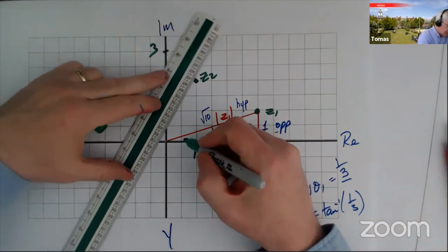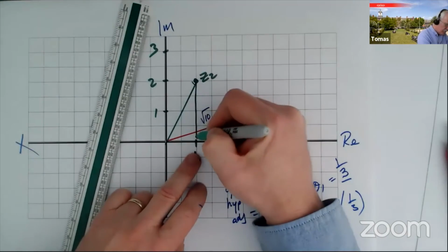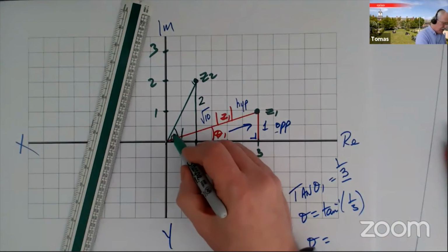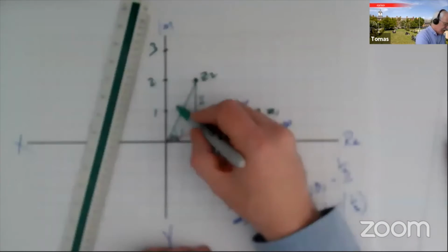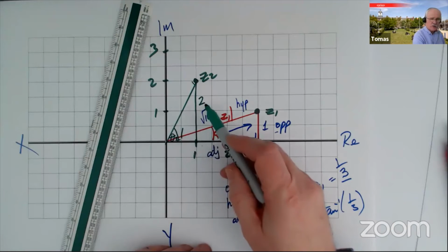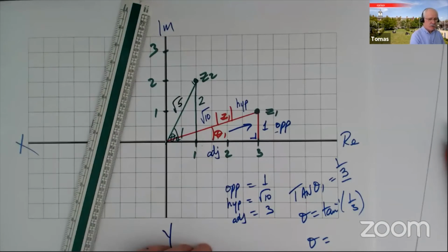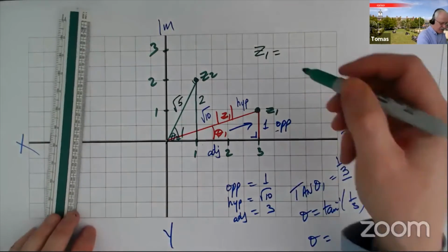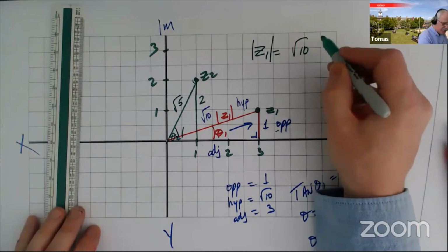So if we look at Z2, we can say Z2 is 1 out and 2 up. So that's 2 and that's 1. That's going to be its own theta 2, which we can find in exactly the same way. That's going to be its own length, which we can find through Pythagoras in exactly the same way. 1 squared plus 2 squared would be 5, so that's the square root of 5. So now we know that Z1, in terms of modulus, is the square root of 10.